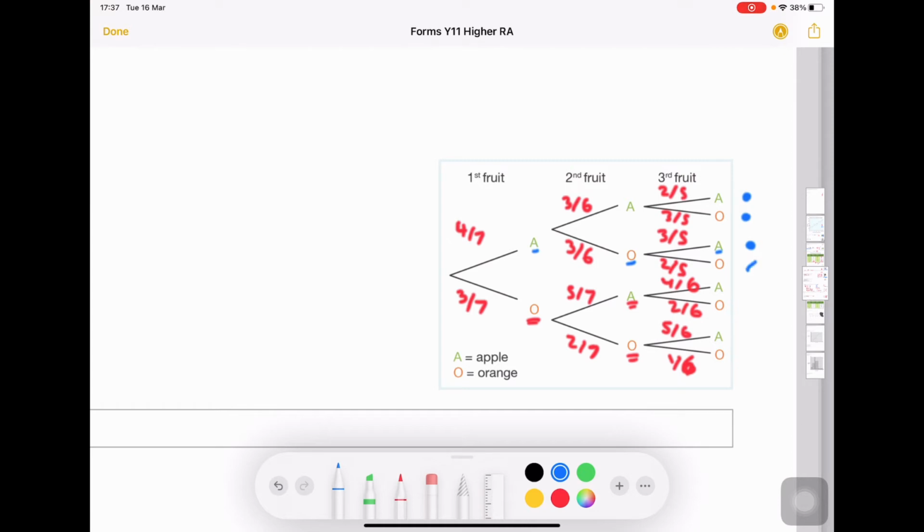This one doesn't count. This one does count because we have 2 apples. I'll just cross out the ones which do not count. So we need to work out a few probabilities and then add them together. Of course, for this type of question, you would be allowed to use a calculator.